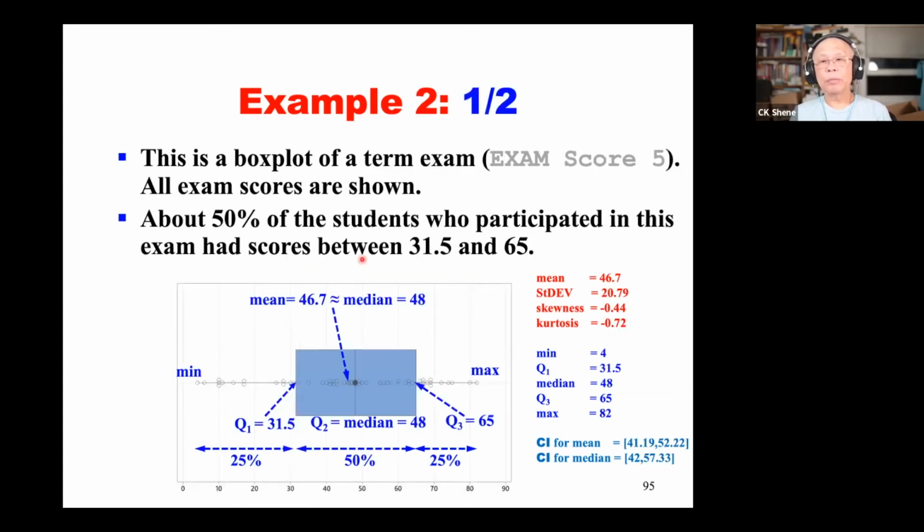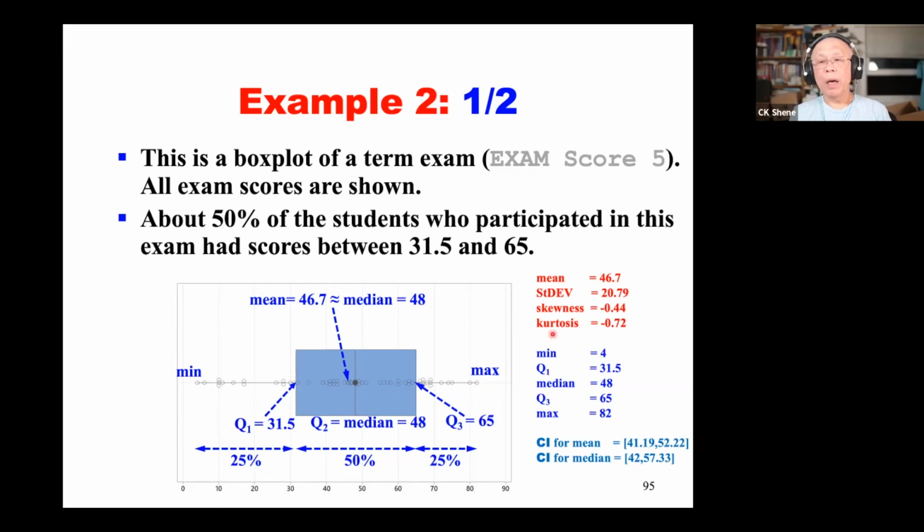Example 2, we have the exam score 5 data set. This is the box plot for this data set. So let's try to explain the whole thing. We have minimum 4, Q1 31.5, the median 48, Q3 65, maximum 82.